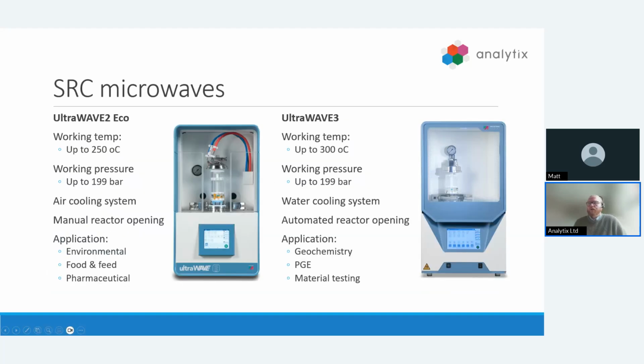Sorry about that. And just for a quick comparison of the two models, as I mentioned, the UltraWave 3 has been on the market for a number of years and is widely adopted across a range of application areas. It really offers you the best performance on the market with working temperatures up to 300 degrees and maximum working pressure up to 199 bar, giving you the ability to digest even the trickiest of samples.